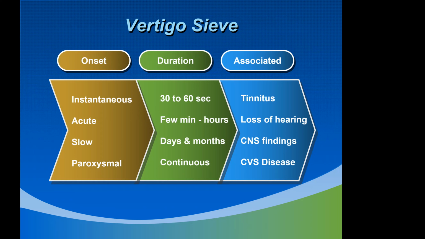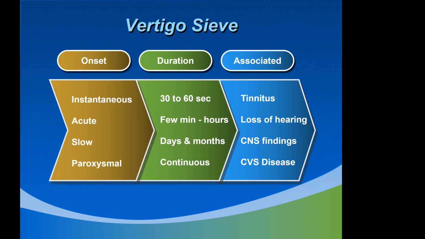Slow, days to months. Paroxysmal, the duration will be there as long as the paroxysm lasts. Then, is there associated tinnitus, associated loss of hearing, other neurological findings, other serious findings? So you have to see the vertigo based on the onset, duration, and association.